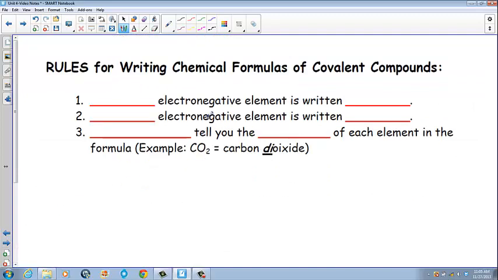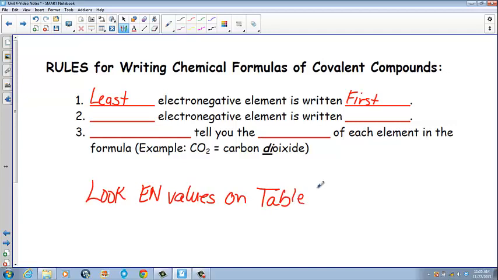So rules for writing chemical formulas of covalent compounds. The least electronegative element is written first. So you have to look up electronegativity values on table S to find this out when we write out the formulas.